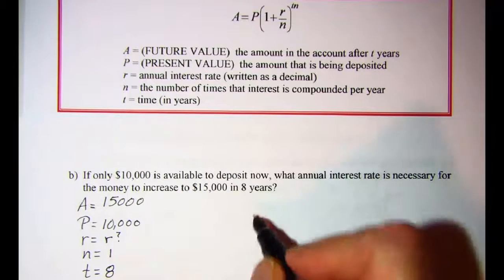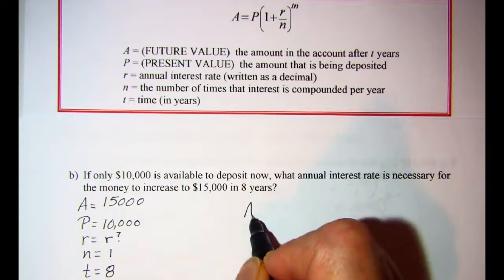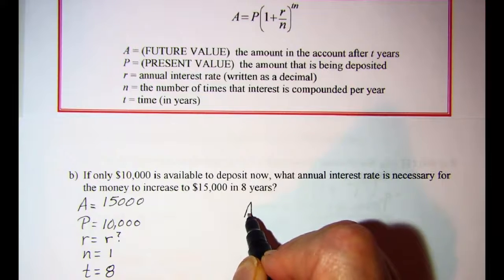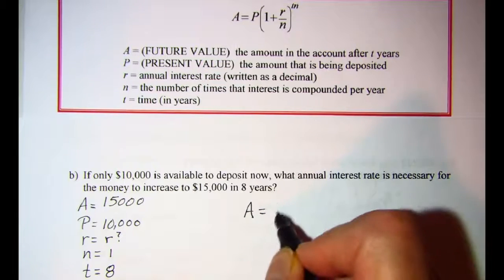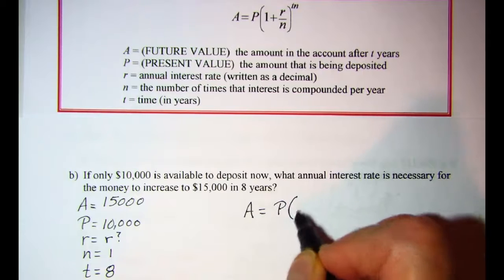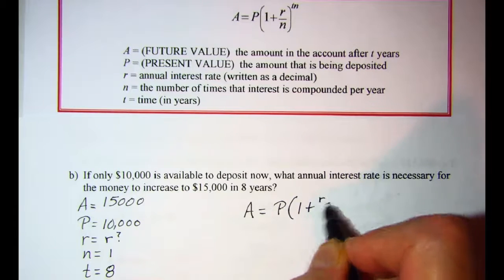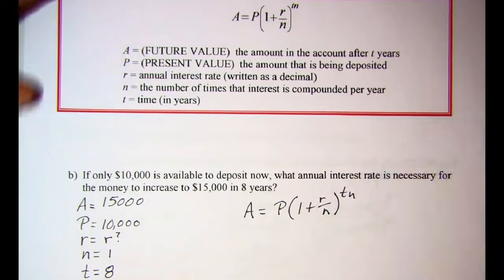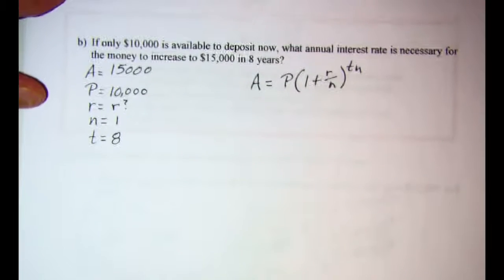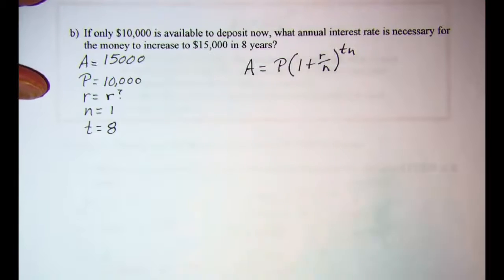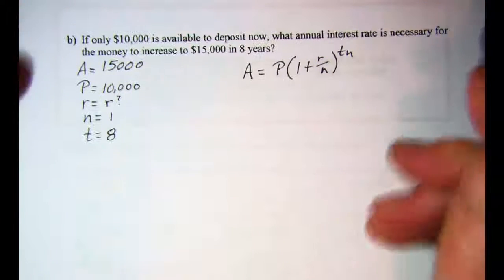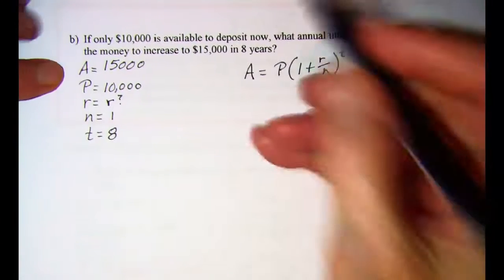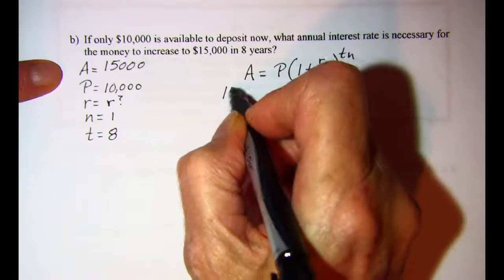Right, let me write my formula here so I can scoot my paper up. So my A is 15,000.